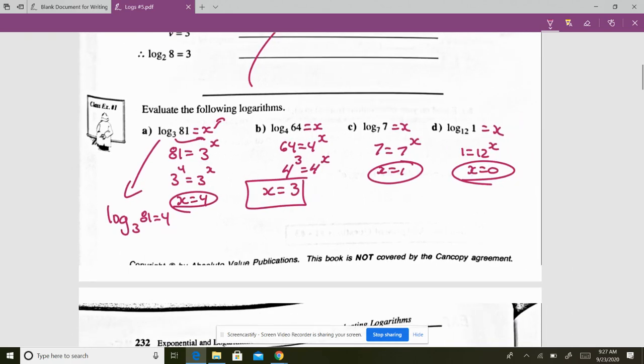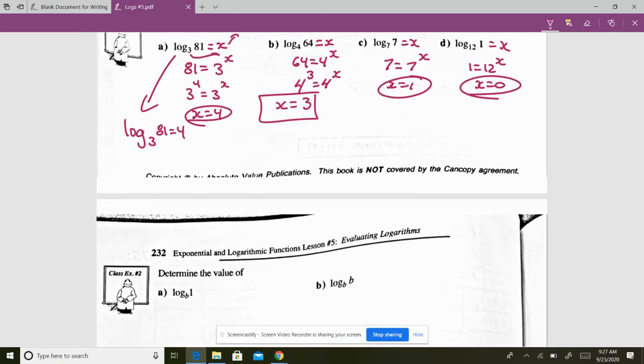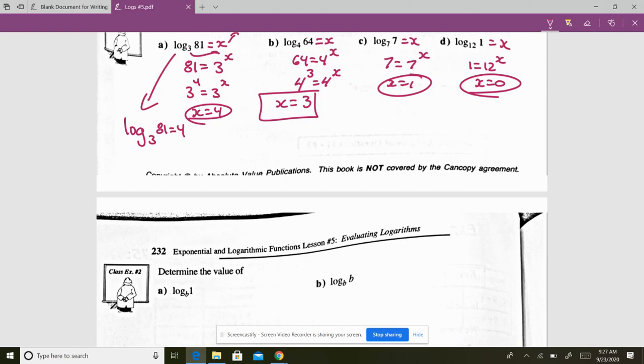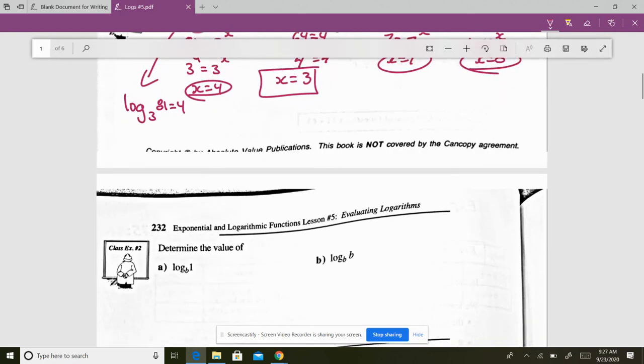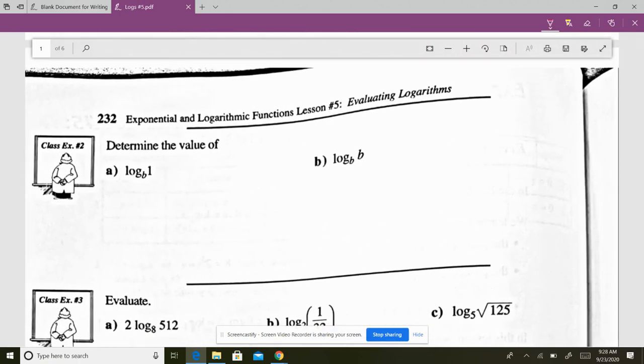All right, I'm going to flip to the next page. So let's look at these ones. Can you tell me the answer to A? Log base B of 1. It would be 0.